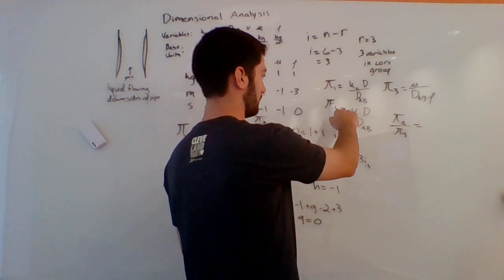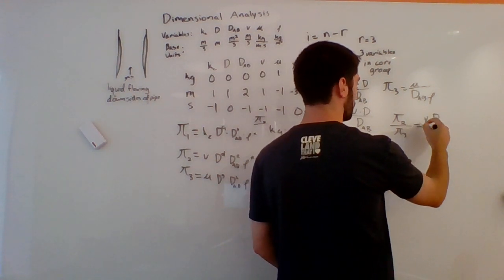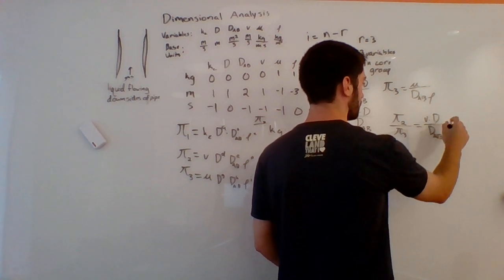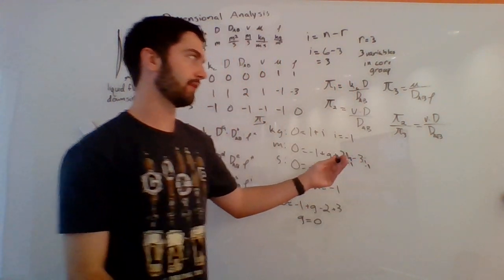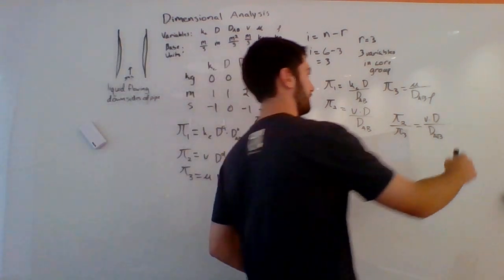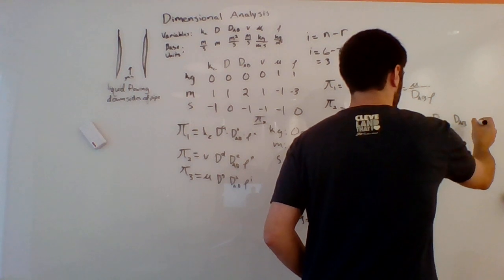let's see, pi 2 is velocity times pipe diameter over mass diffusivity, divided by pi 3, or we can just multiply by the reciprocal. So we'll multiply by the reciprocal, which allows us to cancel the mass diffusivity.